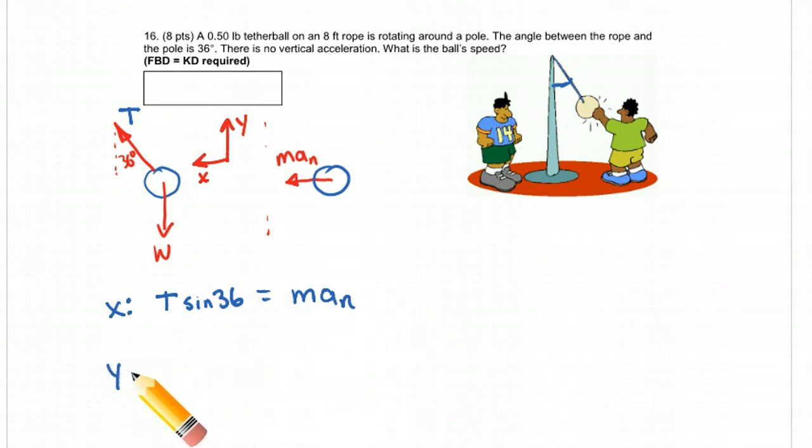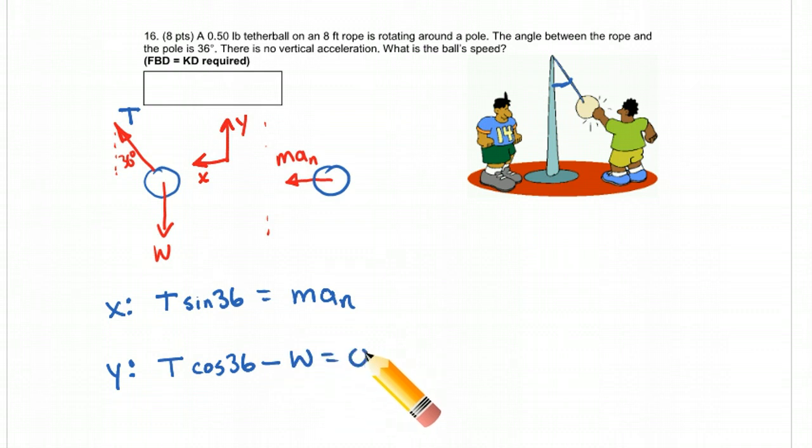So there's one equation, lots of unknowns: tension and normal acceleration. In the y direction, we have the tension in the rope times the cosine of 36 minus the weight is equal to 0.